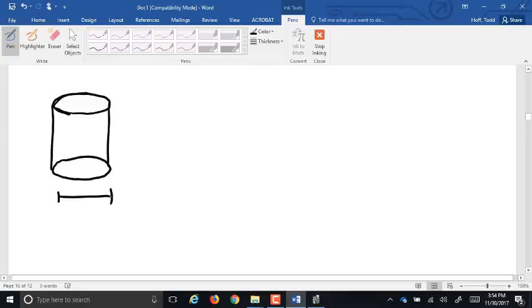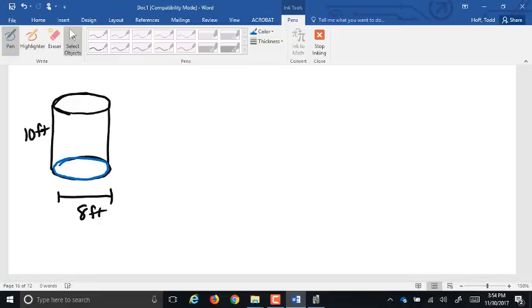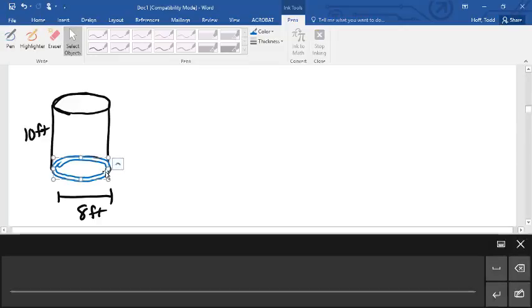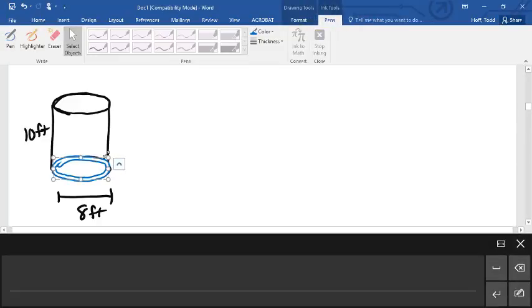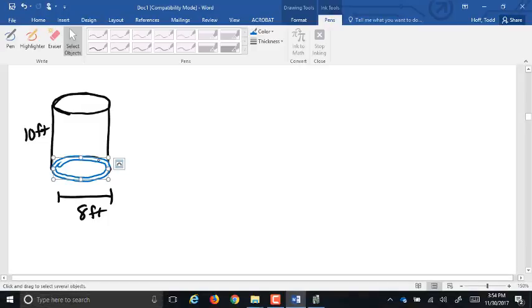Let's say that this is 8 feet across the bottom, 10 feet tall. This is a cylinder. Here, the base is that circle, because that circle, if we take it, we can actually stretch it through the object to create the whole solid object.